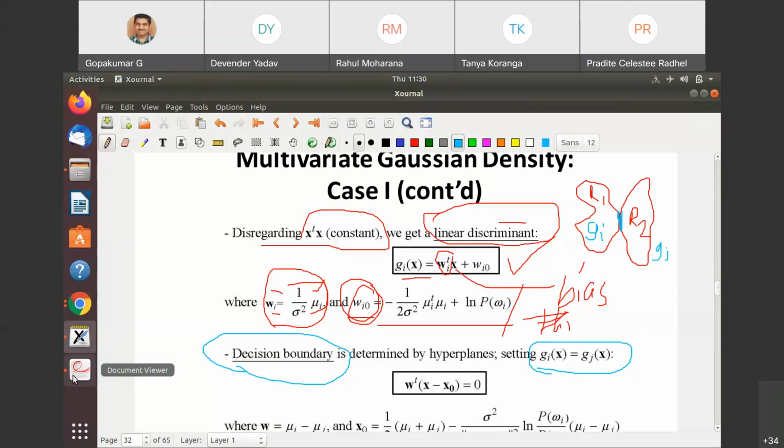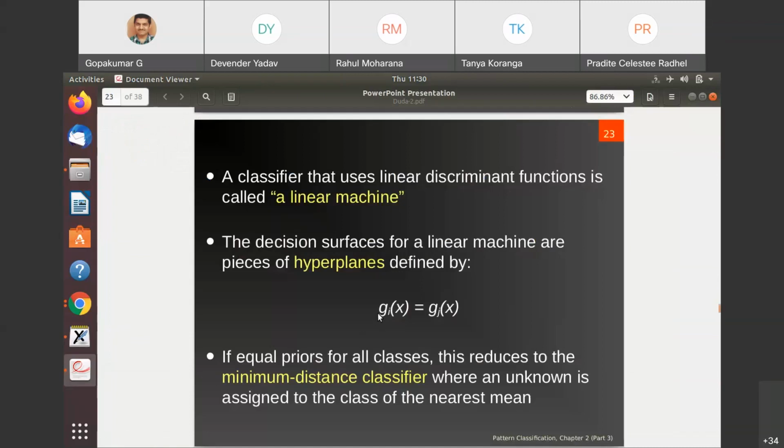So that is what a decision boundary looks like, and the property that we can assume at that particular decision boundary is that the values are going to be the same. So that is gi of x equal to gj of x.